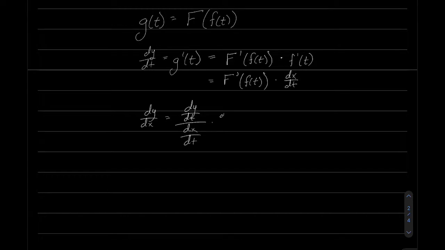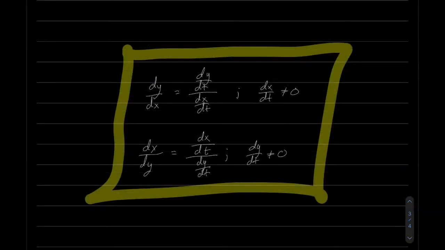And if we were to multiply both sides by dt, top and bottom, we would get dy dx. So now we have two fundamental formulas for our derivative. We have our standard one that we are normally used to, dy dx. That's going to be dy dt over dx dt, provided that dx dt is non-zero. Otherwise, we'd have a 0 in the denominator.